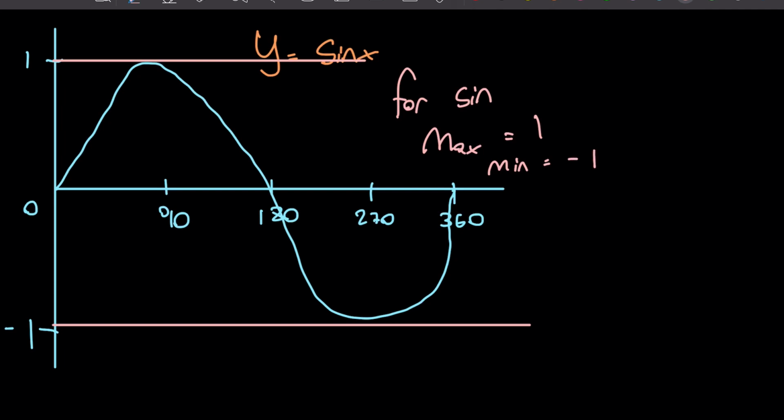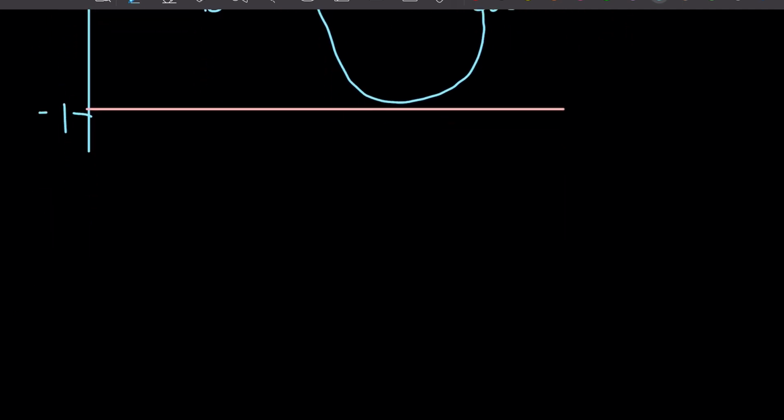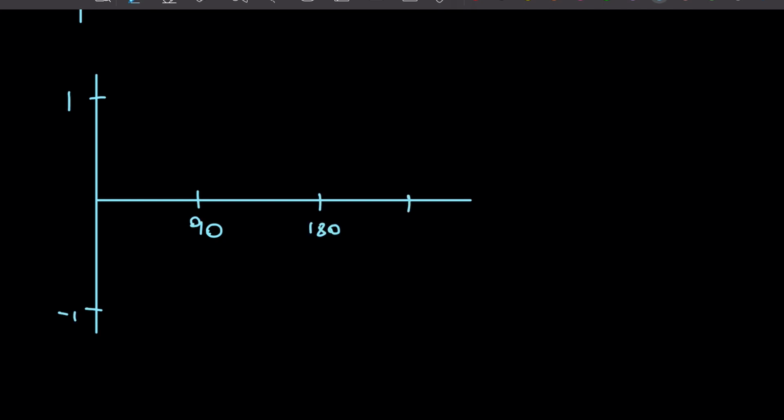Now what about cosine? So let's quickly draw the graph of cosine. Again, this won't be done to scale because I don't know how to do that. And similarly for cosine, we have 90, 180, 270, and we'll just say 360 here. Now this could also be in radians, but for the sake of teaching purposes, it's completely fine.